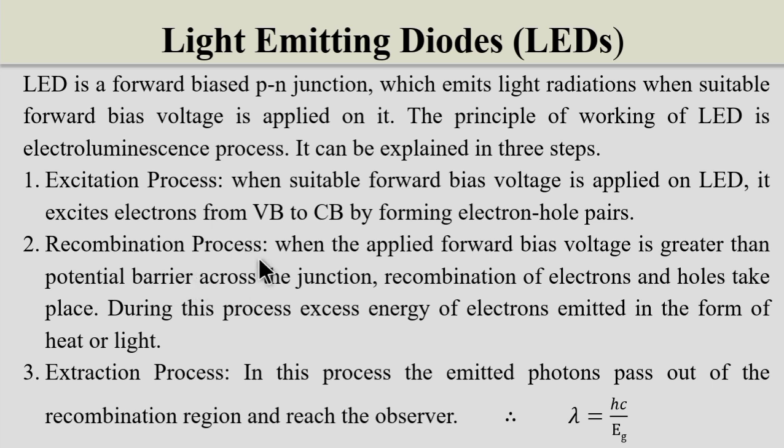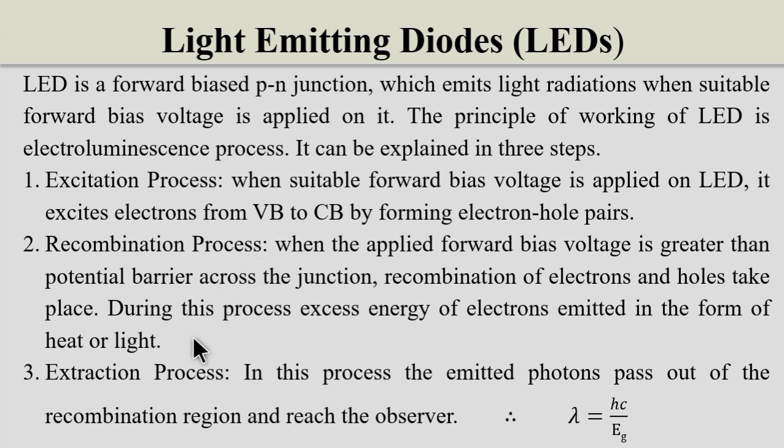When the applied forward bias voltage is greater than the potential barrier across the junction, as a result, there will be a recombination of electrons and holes. During this process, excess energy of the electrons is emitted in the form of heat or light.